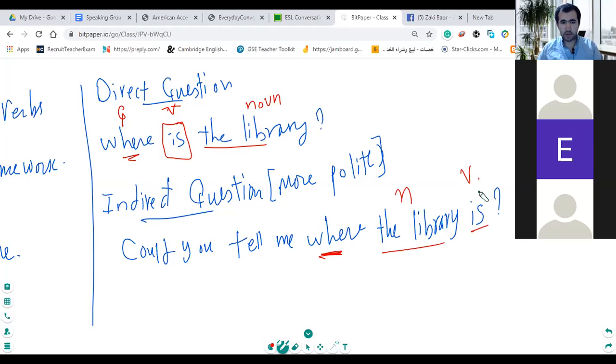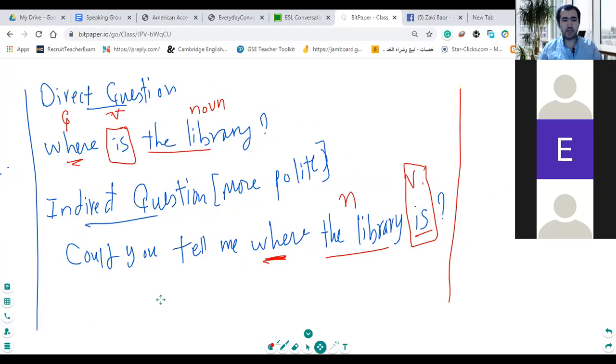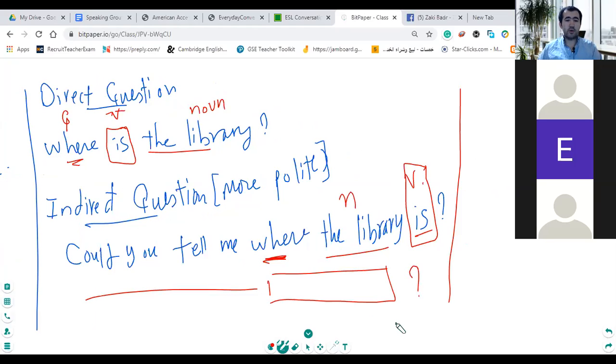So the verb position changes: where is, or where the library is. Remember that in your conversation, when you ask an indirect question, with a phrase before the question like could you tell me or would you tell me, it is an indirect question.